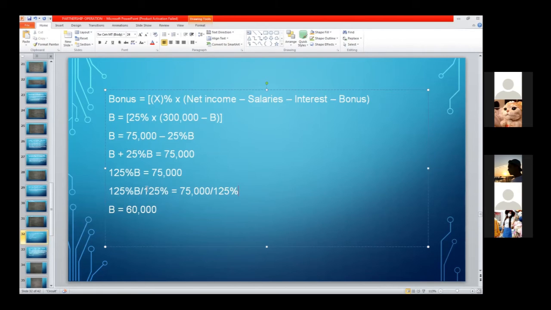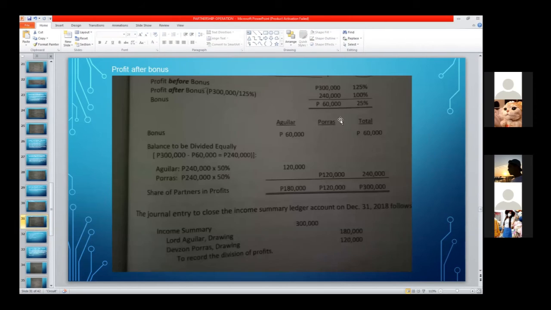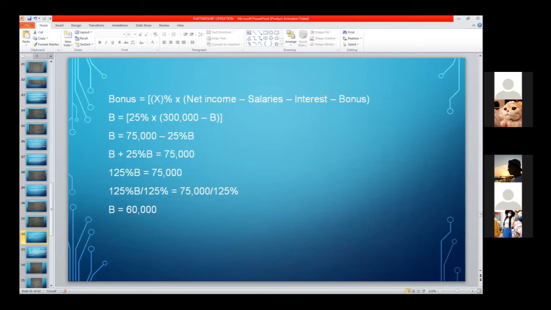Na-cancel out na itong 125%, kaya naging B na lang. I-compute n'yo na ito. Lalabas 60,000. Yun yung mas okay na computation kaysa dito. Medyo nalilito ako dito eh. Pero kung gusto n'yo ito, dito rin kayo. Pero kung ako sa inyo, sundan n'yo na lang 'to, kasi mas magagamit n'yo siya sa mga susunod.